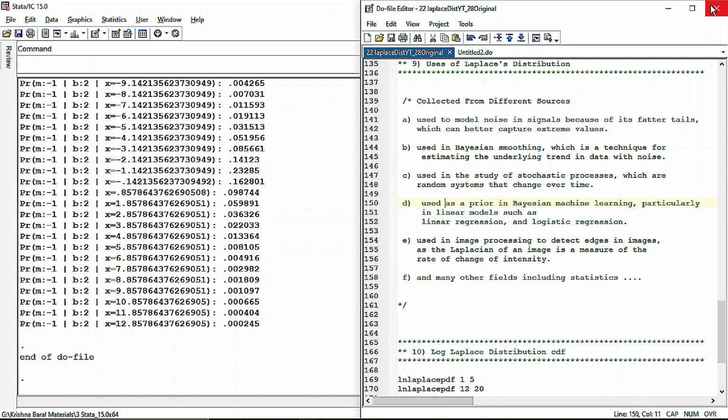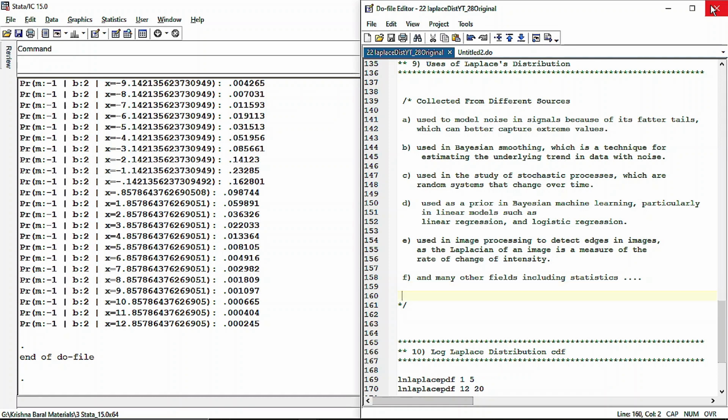It is also used as a prior in Bayesian machine learning, particularly in linear models such as linear regression and logistic regression. The Laplace distribution is also used in image processing to detect edges in an image, as the Laplacian of an image is a measure of the rate of change of intensity, and it is also used in many other fields, including statistics.